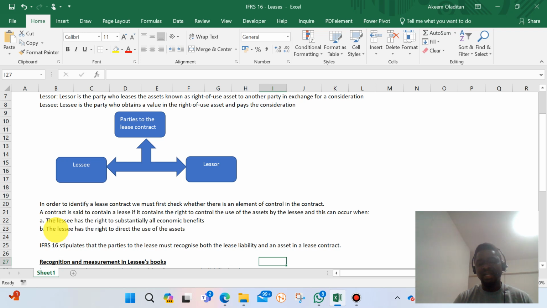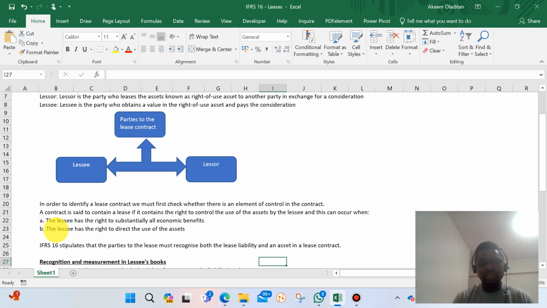In that instance, the right to direct the use of the asset will change because the asset can be substituted. And if it's substituted, that will affect the right of control on the asset.